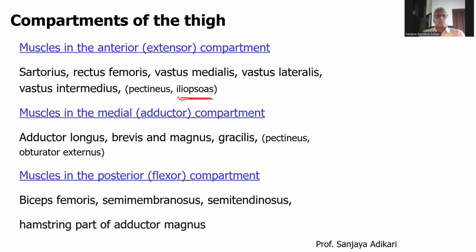That muscle is attached to the lesser trochanter and it's a flexor of the hip joint. All that is true, but the two muscles that contribute to form it, both iliacus muscle and the psoas muscle, belong to the posterior abdominal wall. Okay, they both belong to the posterior abdominal wall, iliacus and psoas.